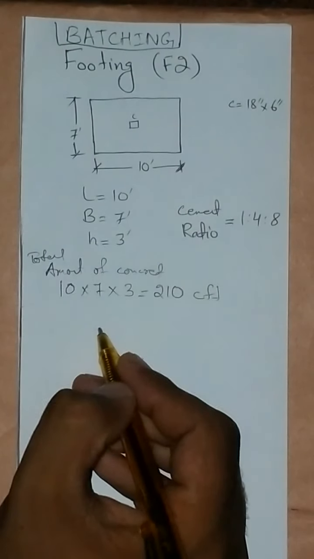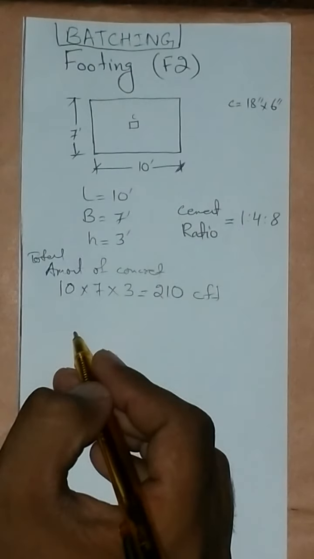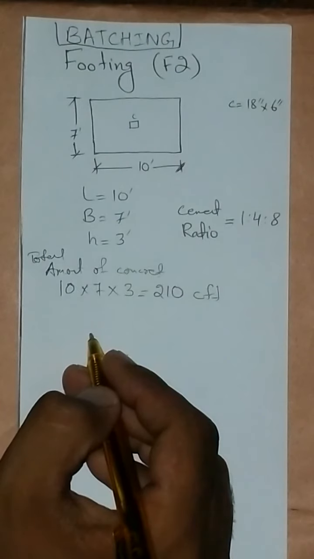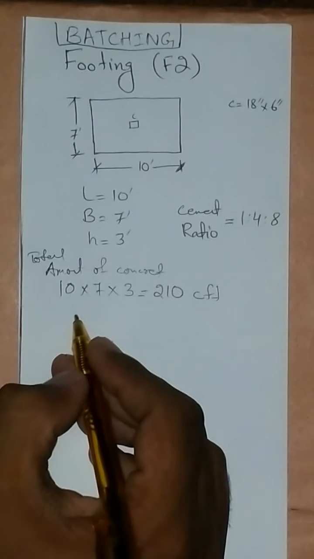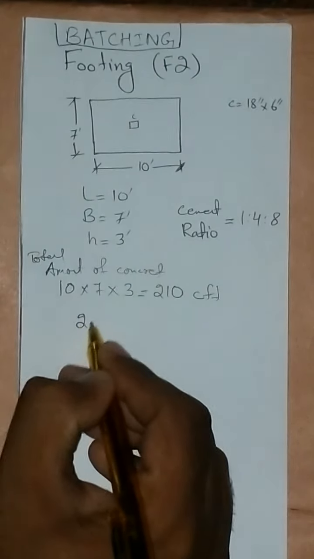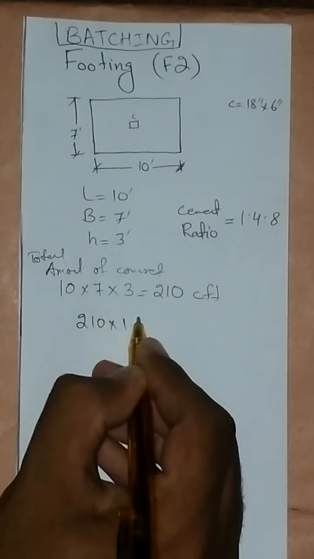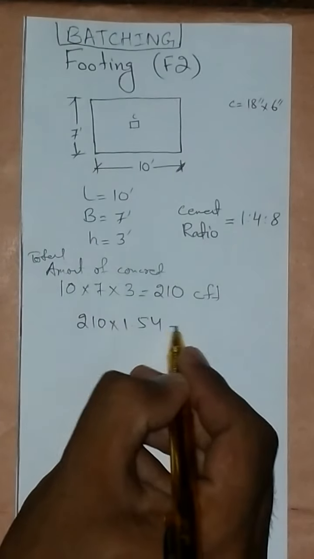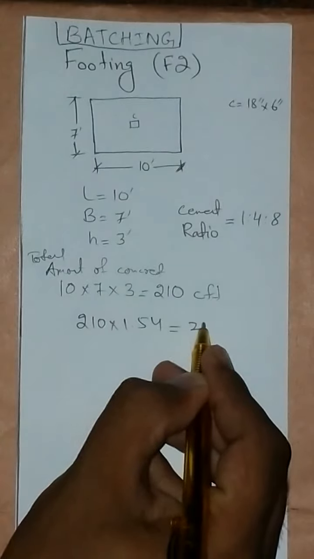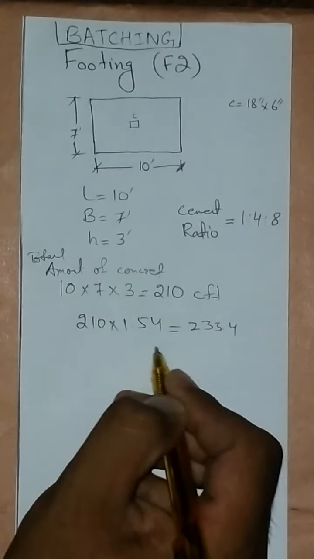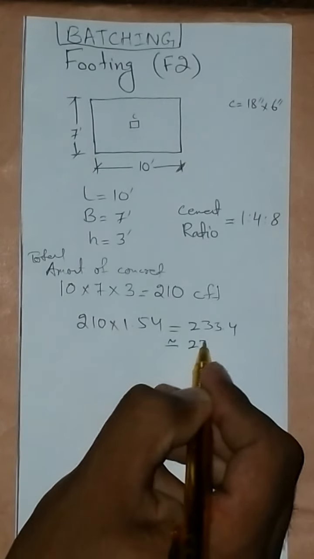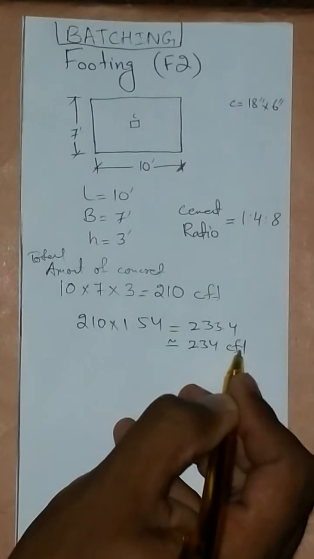We have to calculate dry concrete because we have the ingredients in dry form. So for the dry volume we will multiply it by 1.54. It will be 233.4, or say 234 CFT.